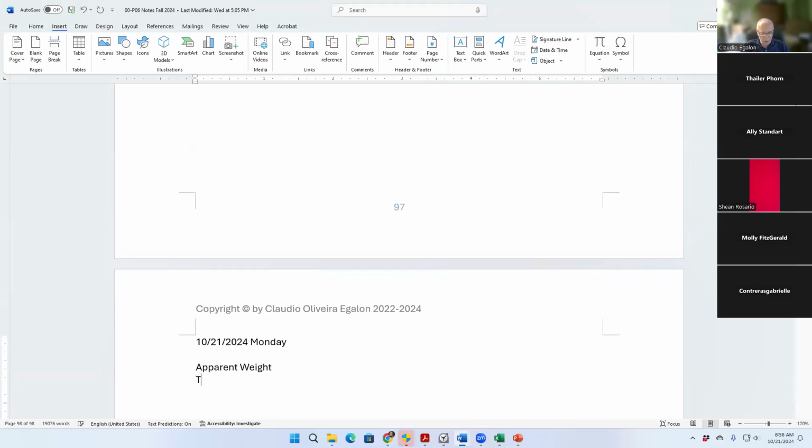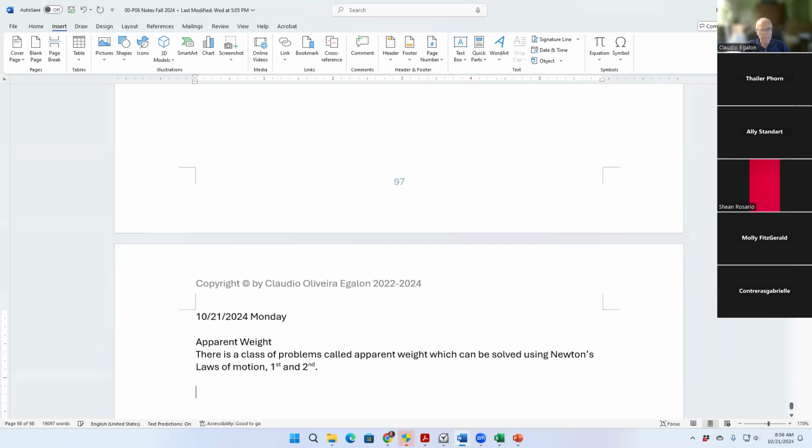There is a class of problems called apparent weight, which can be solved using Newton's laws of motion, first and second.